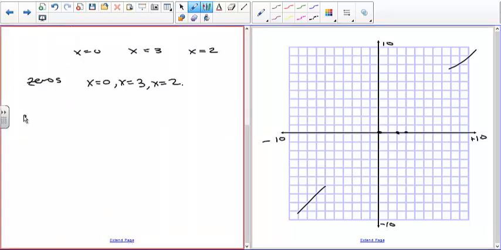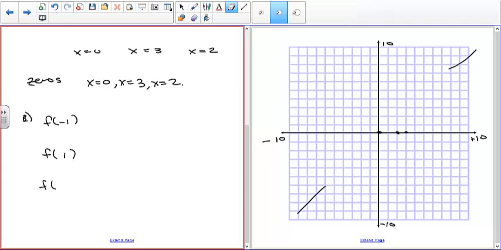For part C, we're going to evaluate the function at negative 1, which is right here. And we know it's going to be a negative value because of the end behavior. We're going to do it at positive 1. We're going to do it at 2.5, which is between 2 and 3. And we're going to do it at 4.